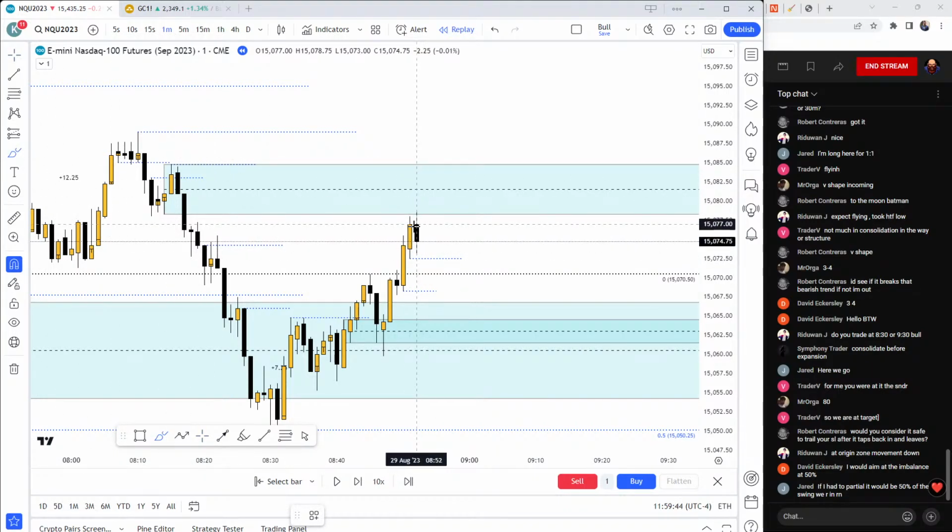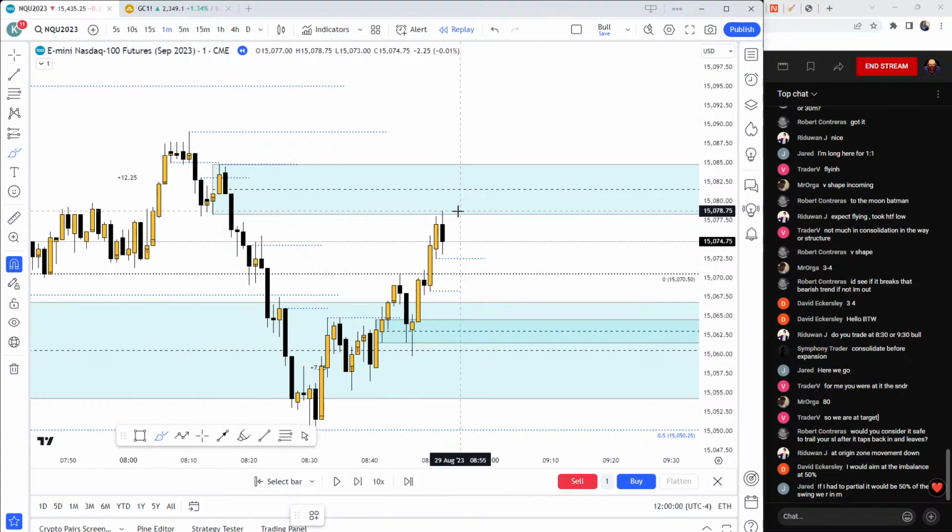This high was 78.75. That's an extra 6 points of an area you're looking for possible failure. So you're looking at where would I look to short from? Doesn't mean you take the short, but if there's a viable short area, then that's also a viable place to sell your long position.